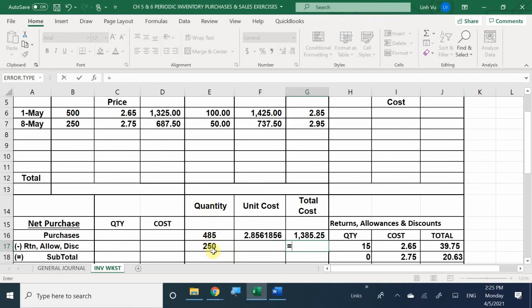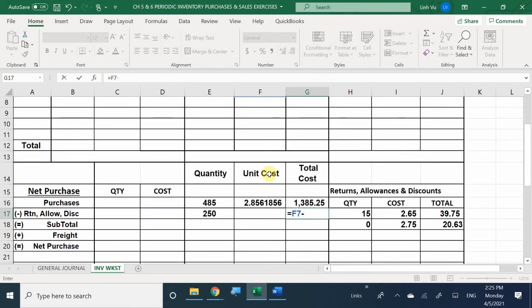So here I have 250 mugs, right? Because 250 minus 0 gives me still the same amount. However, my total cost of the 737.50 is not going to be there anymore, right? Because we ended up getting a refund or an allowance for $20.63. So in this case, how much is my new total cost?